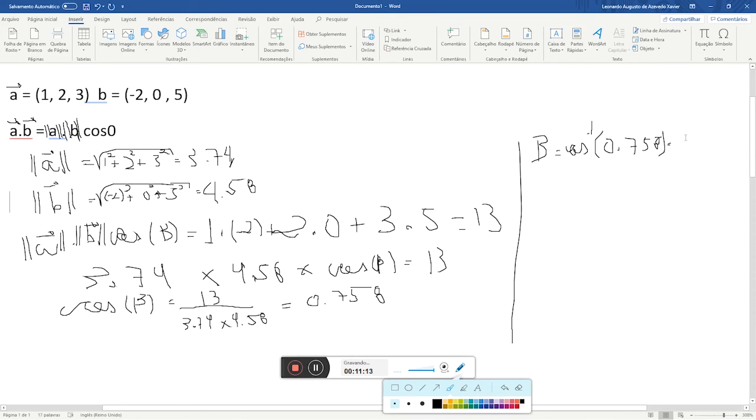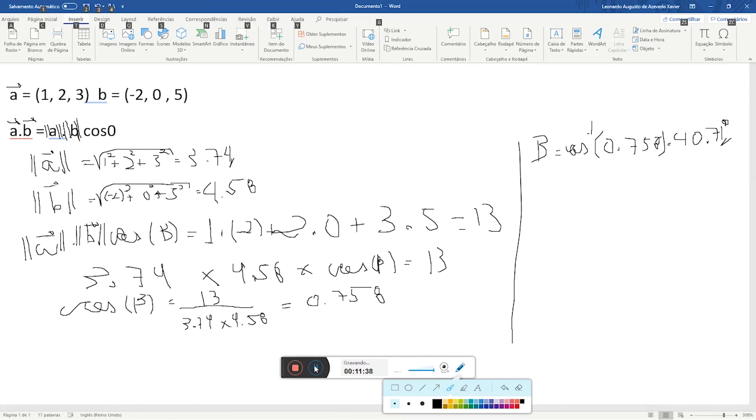That's going to be 40.71 degrees. This is the dot product. That's how we find the dot product.